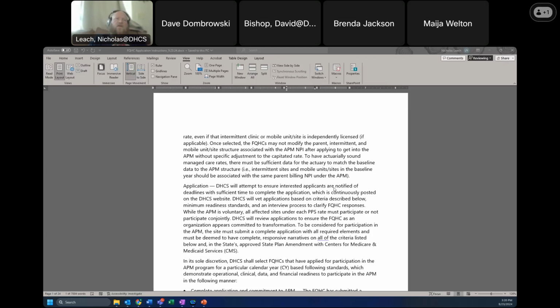We need to know how things were set up back then and how they are today. That's one of the big pieces in order to set rates: to have alignment between the application structure and the actual structure in practice.